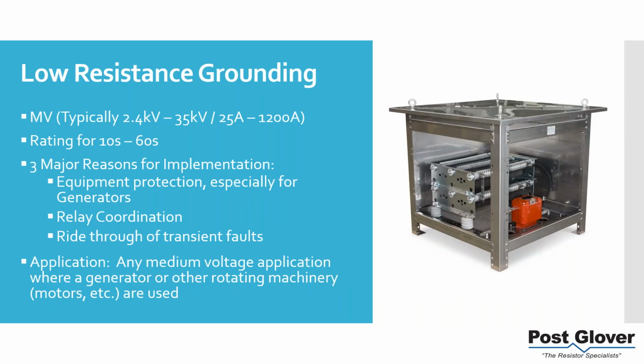So let's get into low resistance ground. Low resistance grounding is typically used at medium voltage systems. IEEE gives some examples of what it is. It talks about industrial application currents of between 100 and 400 amps. Those are typical values.